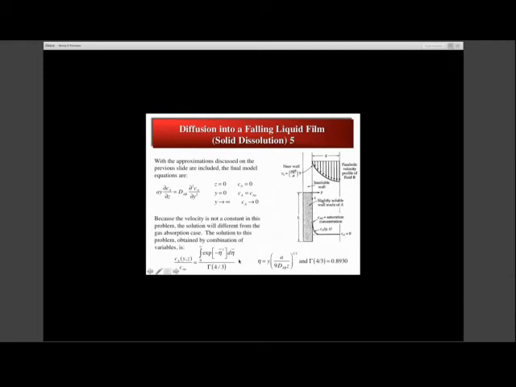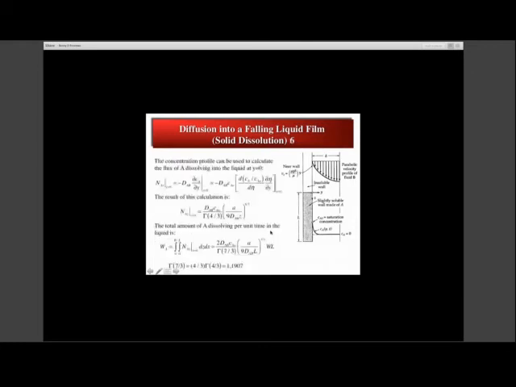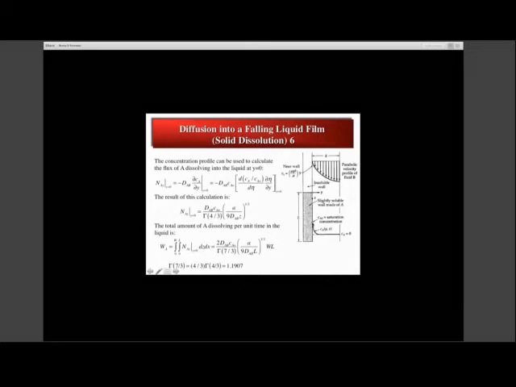I'll just give you the solution here without dragging you through the mathematical details. But a combination of variables approach, as shown here, gives readily this solution.